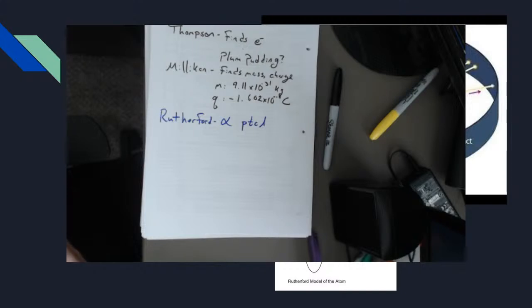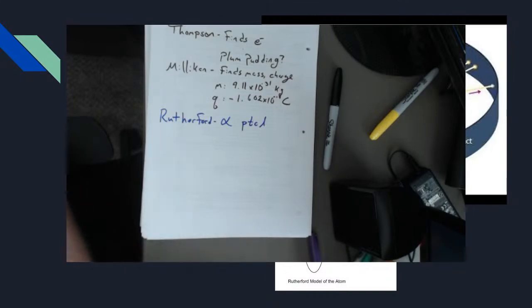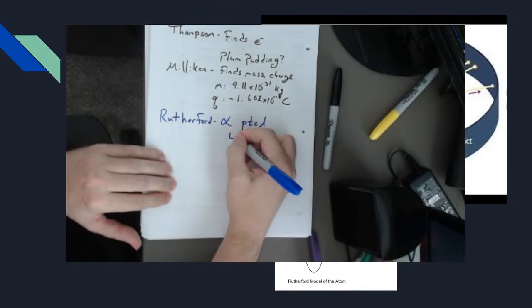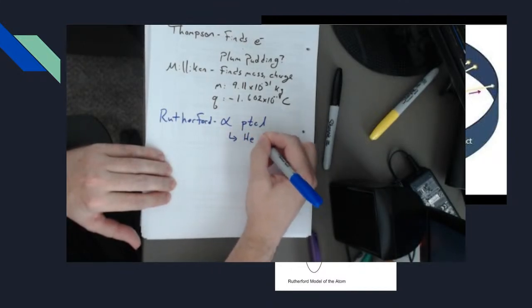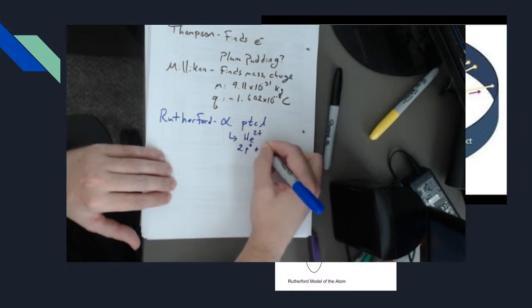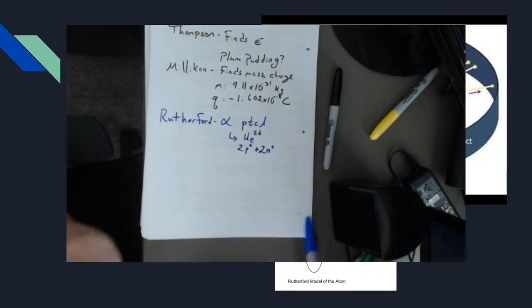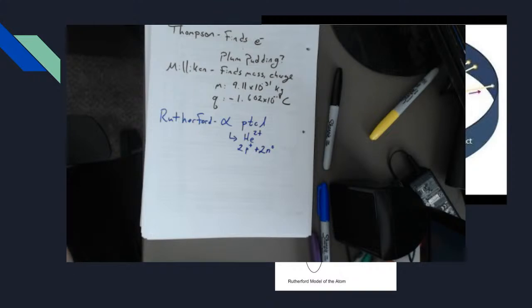Those are just the Greek letters A, B, and C. So an alpha particle is, we now know, a helium nucleus. 2 protons and 2 neutrons. So just this little chunk of very massive, massive compared to electrons, it's still the second lightest element in the universe, with a positive charge.